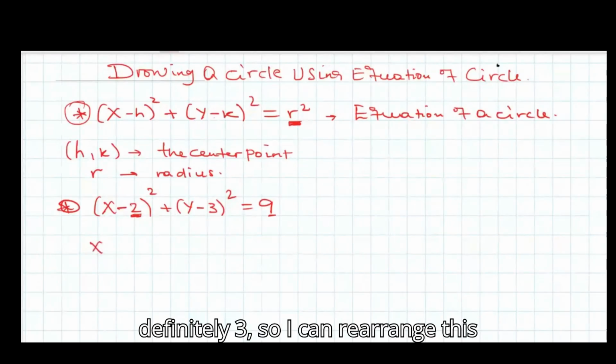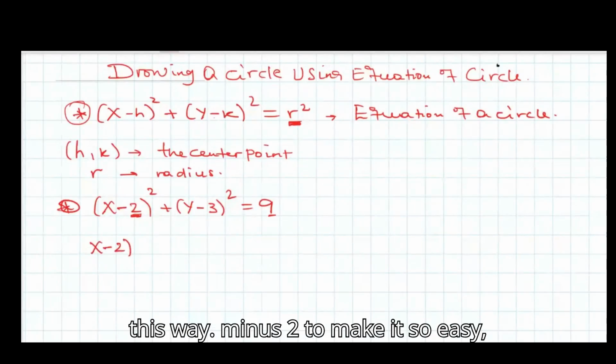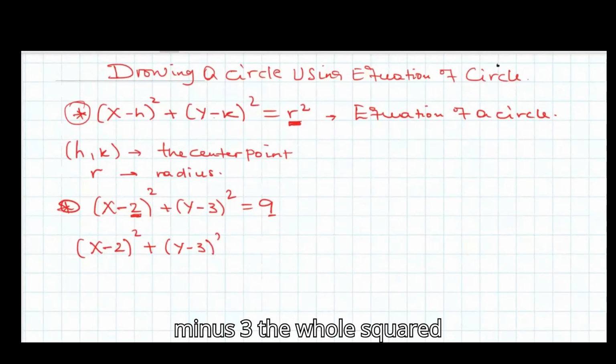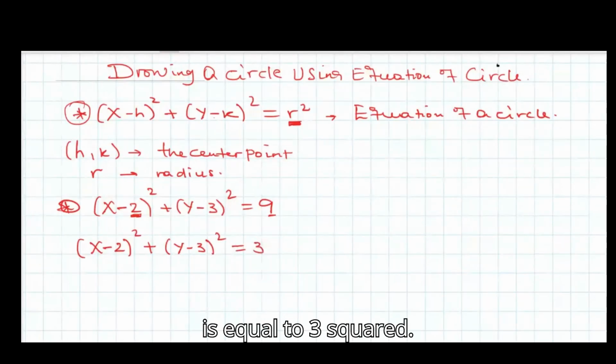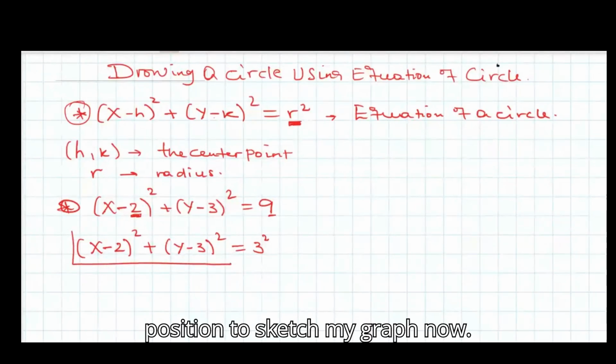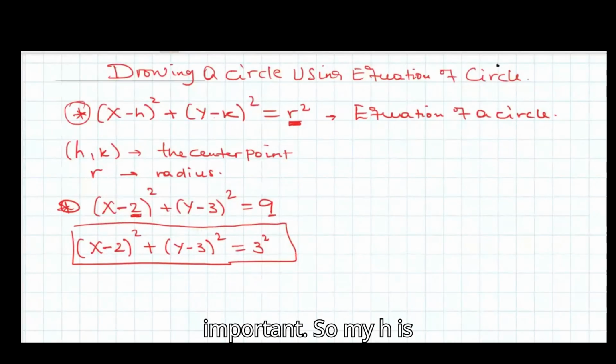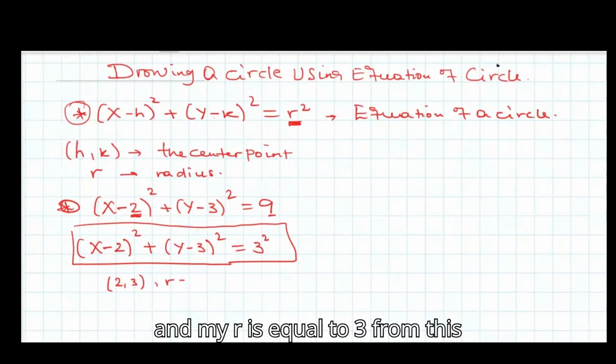So I can rearrange this way: (x - 2)^2 + (y - 3)^2 = 3^2. Now I am in position to sketch my graph. This is very important: my h is 2, my k is 3, and my r is equal to 3 from this equation.